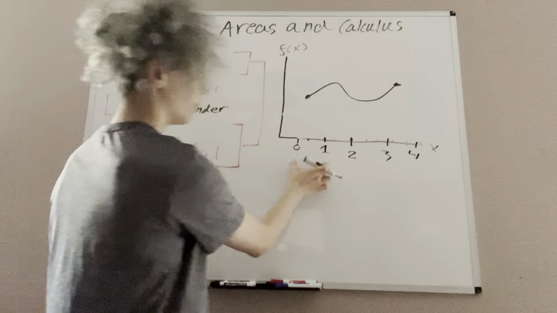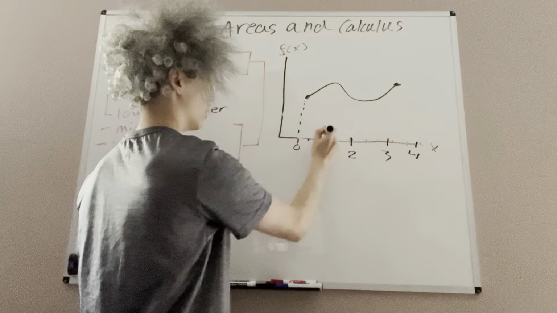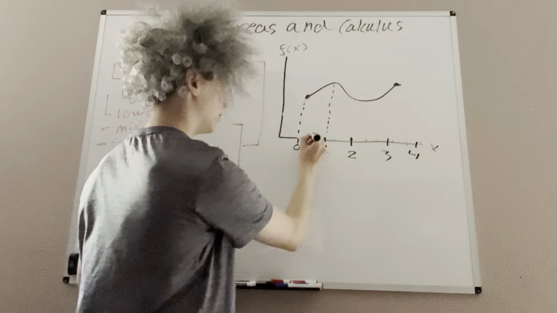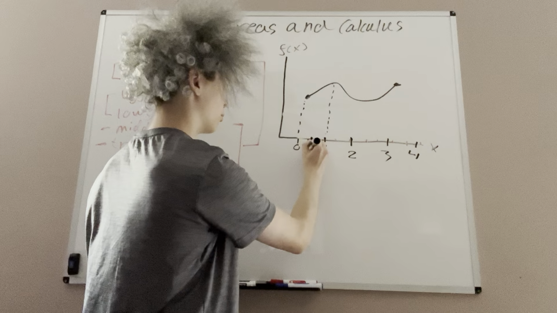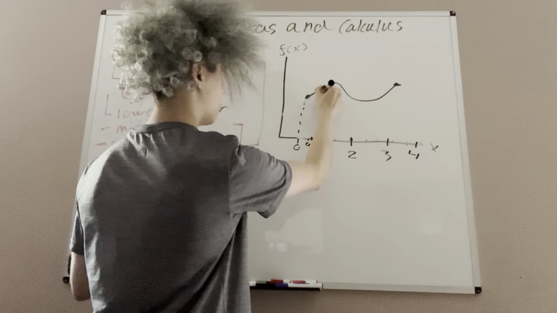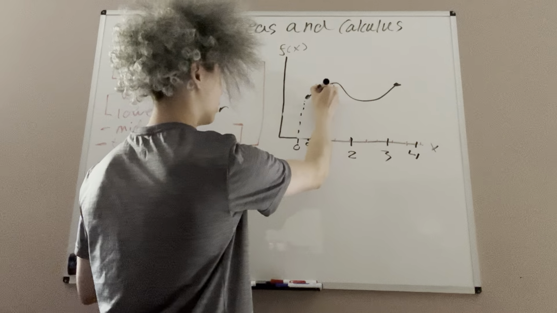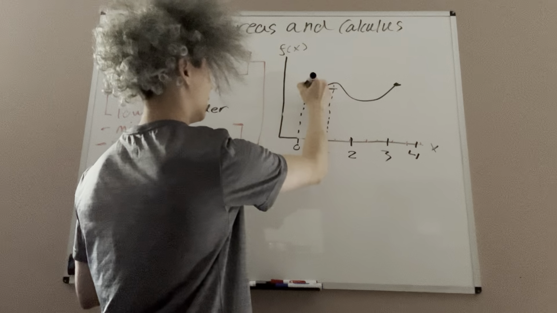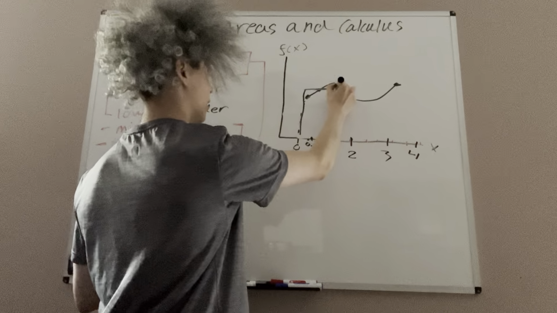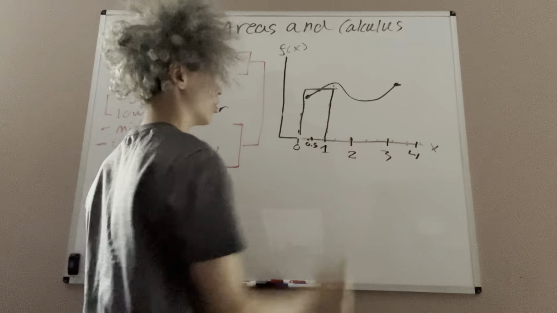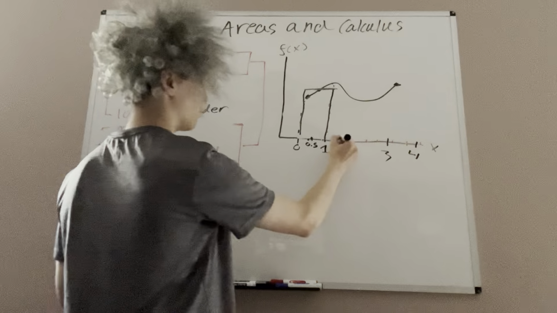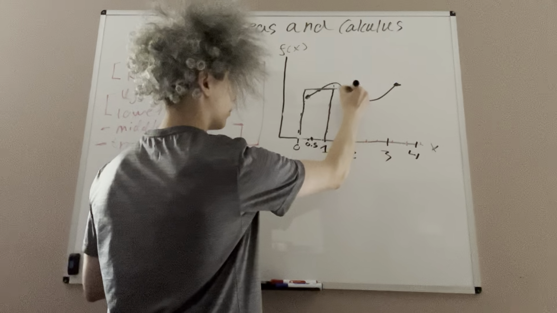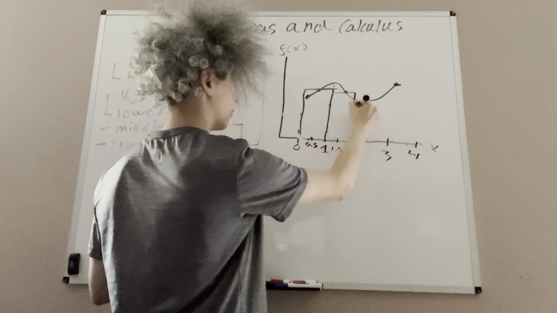Okay, so our first interval, 0 to 1, we can take a middle sum, and what's going to happen is that right here at 0.5 is where our box will line up with the function, or will intersect the function. And then we're going to take the area of that box to use in our Riemann sum. And then same for over here, at 1.5, our box will intersect the function, right?